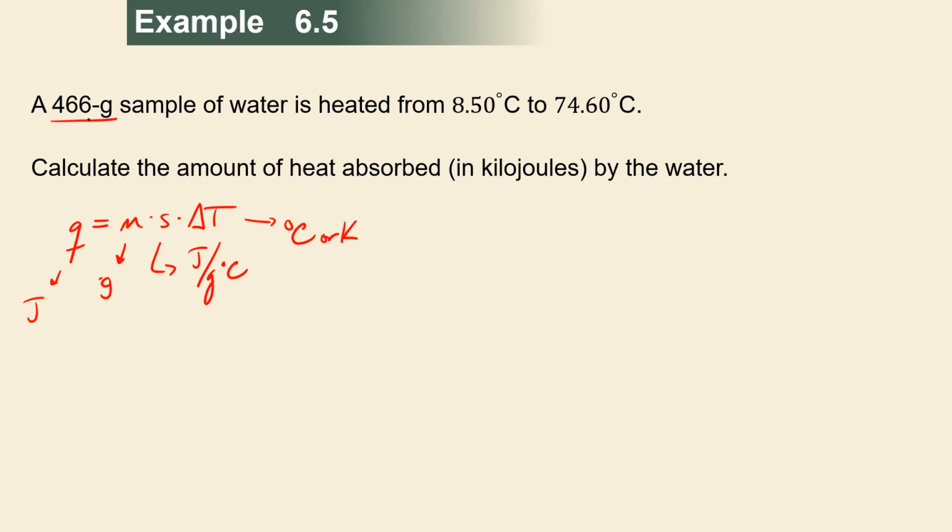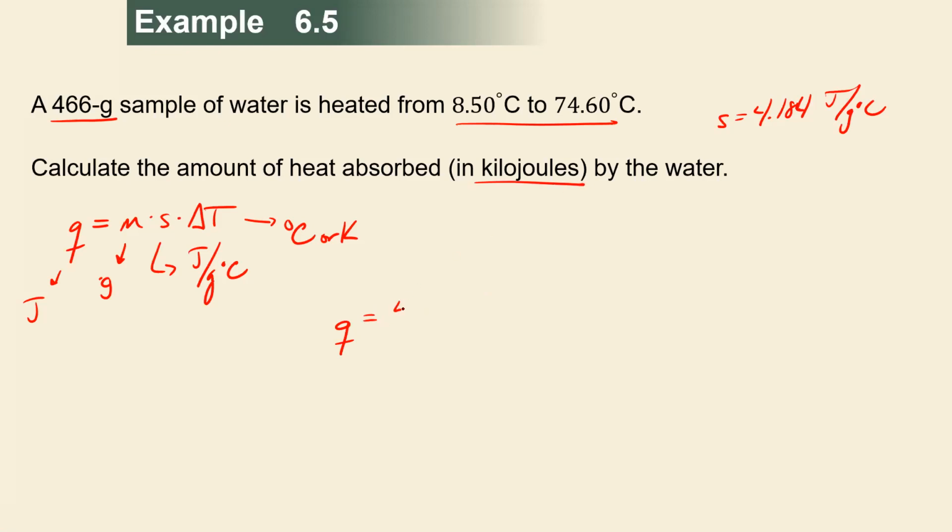So it tells us the mass of the water. It tells us the two temperatures. We can calculate temperature change. And we know from the other slides that the specific heat of water is 4.184 joules per gram degree C. That's a number that you'll probably memorize as you do some of these problems. And so if we were to calculate the amount of heat absorbed, it asks for it in kilojoules.